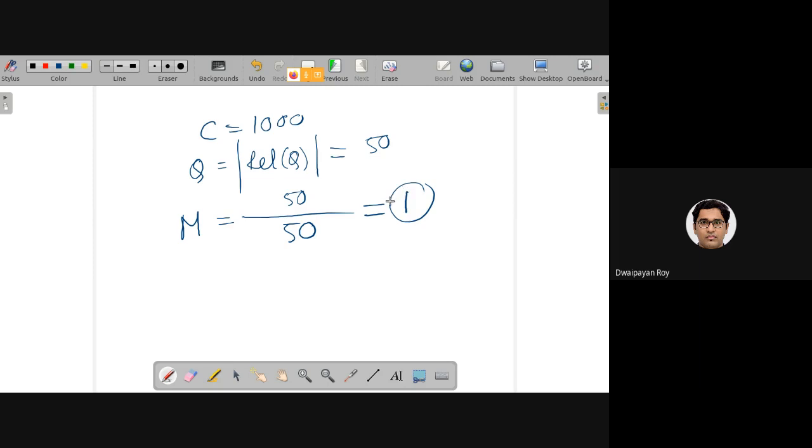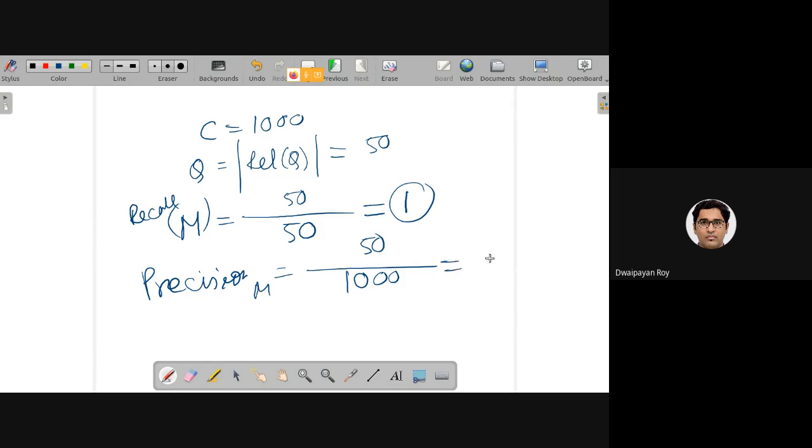But note that this is not a very good situation, because in this case, what will be the precision? So this will be the recall of M. Now, what will be the precision of M? It is actually retrieving 1000 documents, and in the numerator, it will be the number of relevant documents retrieved.